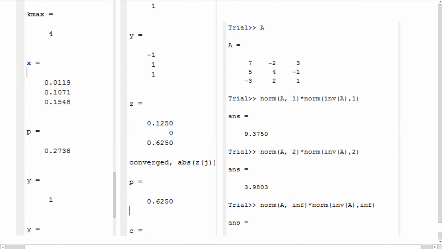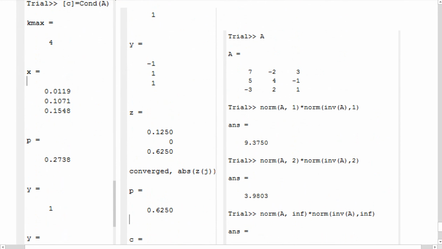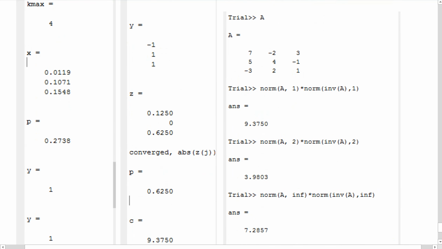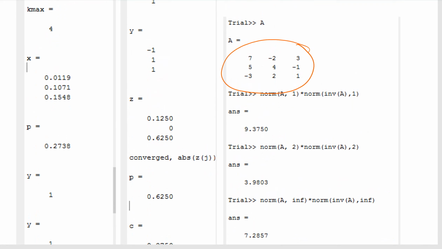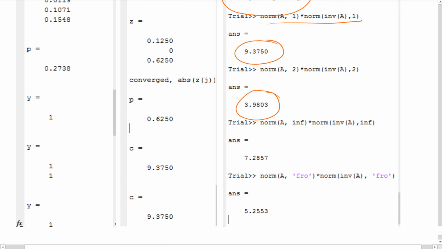Alright, so this is the matrix, and if we use L1 norm to compute, the answer is 9.3750. If we use L2 norm to compute, we get 3.9803.